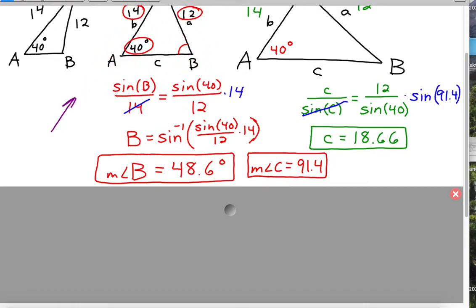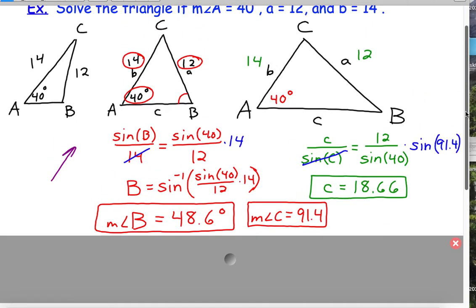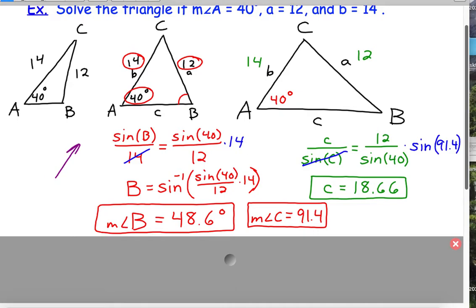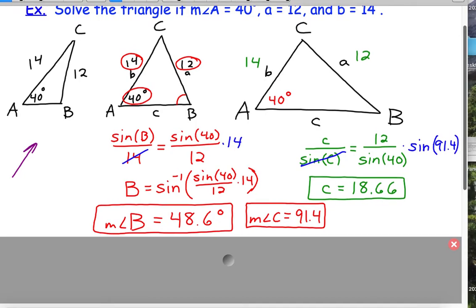What if, on the other hand, scroll back up a little bit. We were assuming that this was the case that we had for our triangle. What if it were this case? Instead of angle B being 48.6 degrees, what would it have been over here? Well, let me draw back that altitude that we had done, that 8.99.